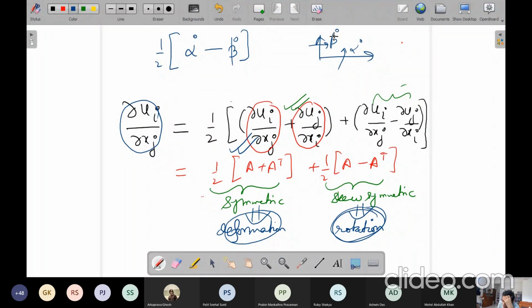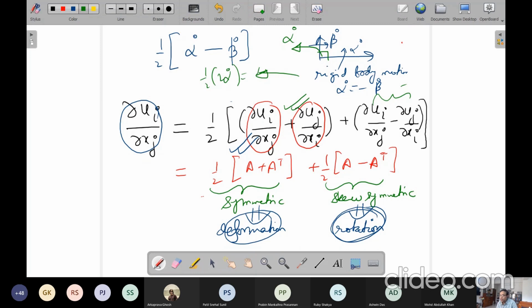Now, when does this in a limiting sense approach a rigid body motion? Rigid body motion is a case where alpha dot is equal to minus beta dot. That means the 90-degree fitted two axes will rotate in the anti-clockwise direction by alpha dot. That is the rigid body motion. So beta dot will become alpha dot, and for rigid body motion this will be half of 2 alpha dot, that means alpha dot.